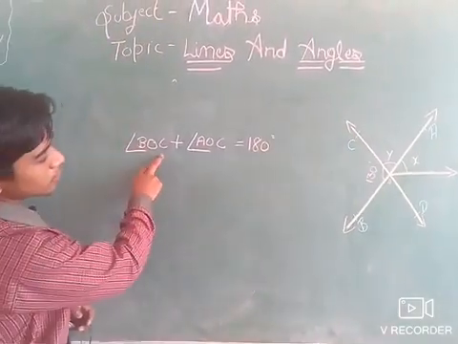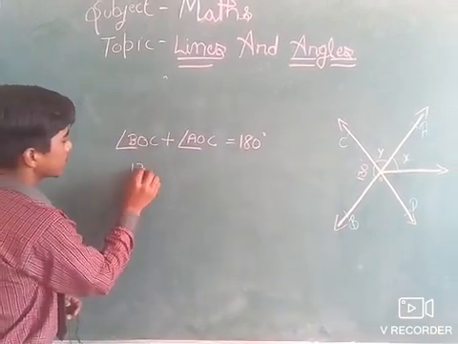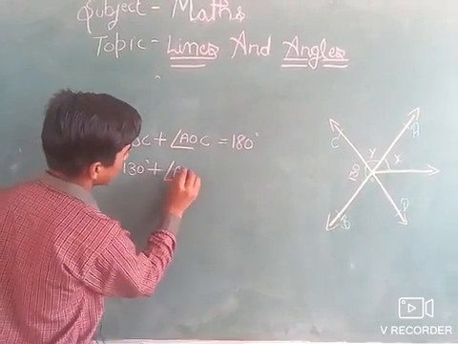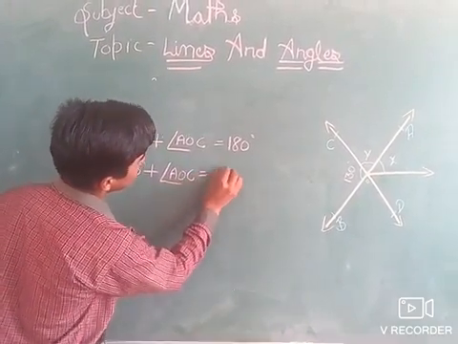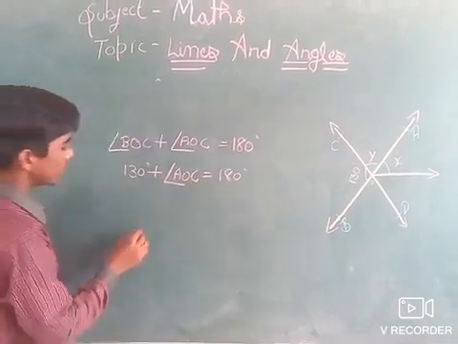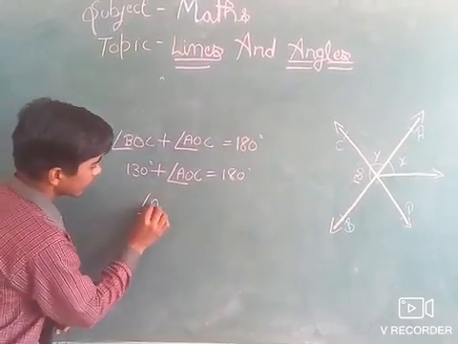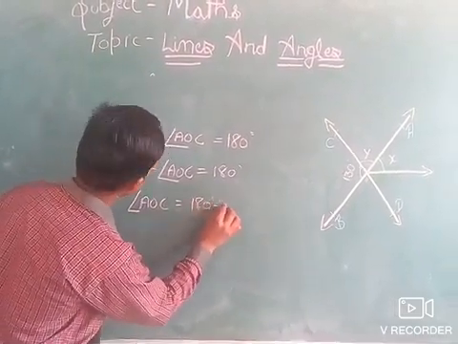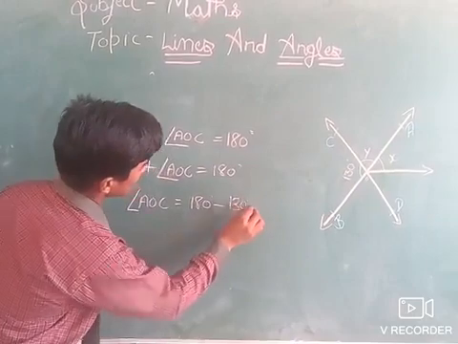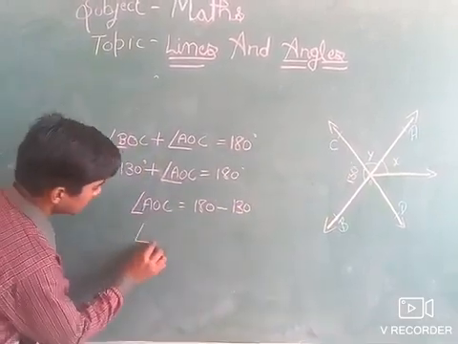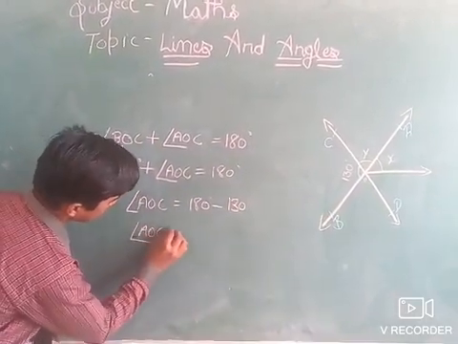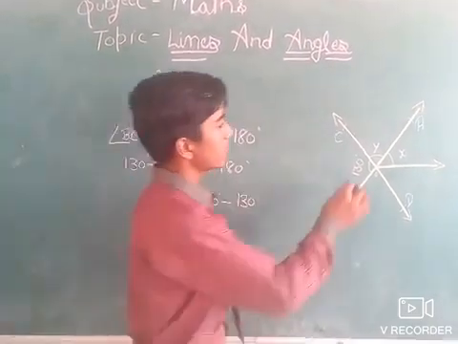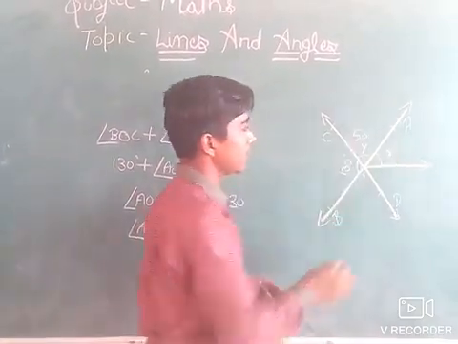Now angle BOC is 130 degrees plus angle AOC is equal to 180 degrees. Now angle AOC is 180 minus 130 degrees. Now angle AOC is 50 degrees. Angle Y is 50 degrees.